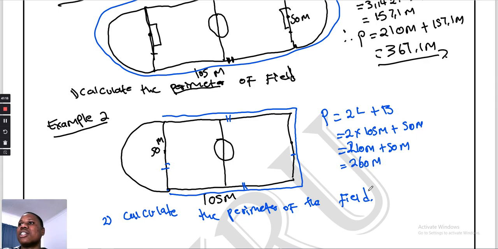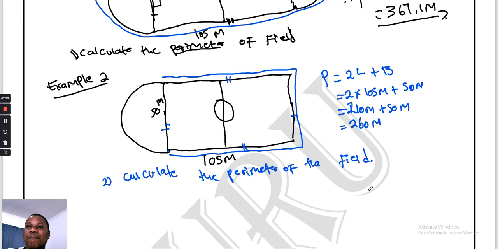Okay, now let's talk about the circumference. On this circumference now, we are given a semicircle. So we're going to use the formula that has a diameter. We can say circumference equals pi times diameter, but now we don't need the full circle. We need a half circle, which is the semicircle.